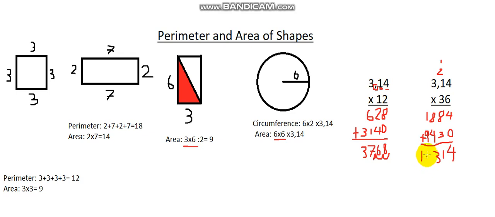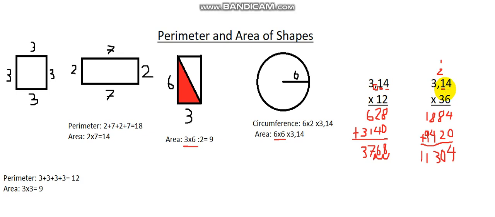Is this correct? Have I done this correctly? No. This should be a 2. Sorry about that. So if that's a 2, this is a 0. And again, we say how many numbers are to the right of my decimal point.